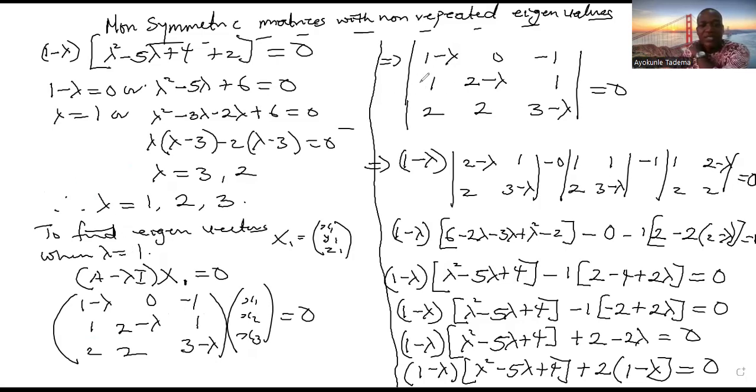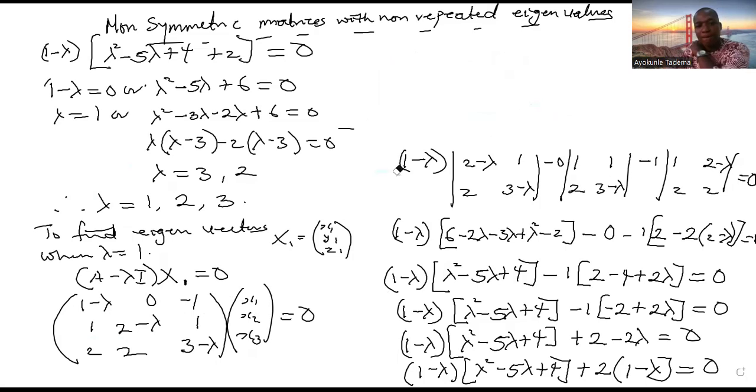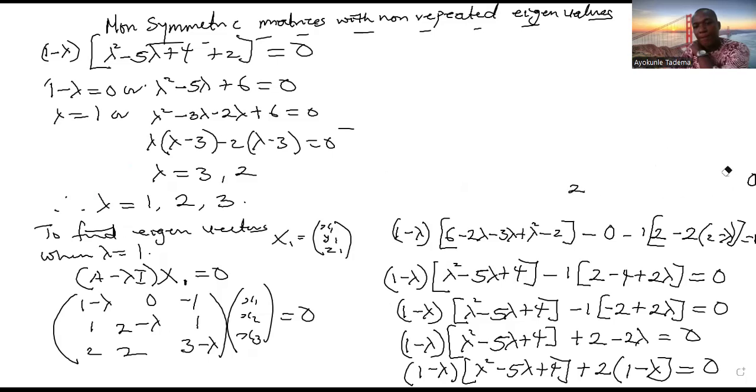Now, let me rub this other side. Okay, or better still, I wrote the whole thing. Where do we stop? We stop at (A minus lambda I) x1 equals 0.